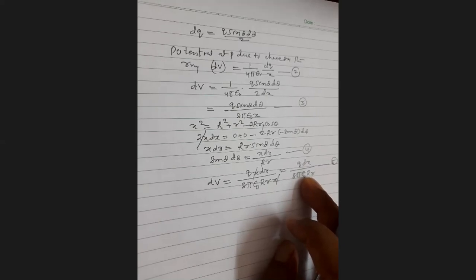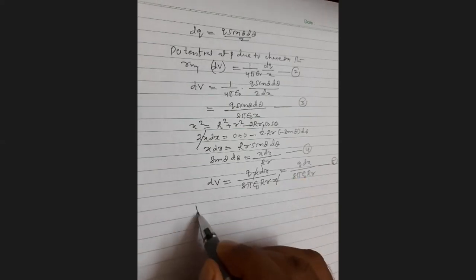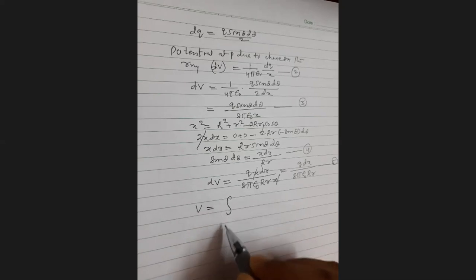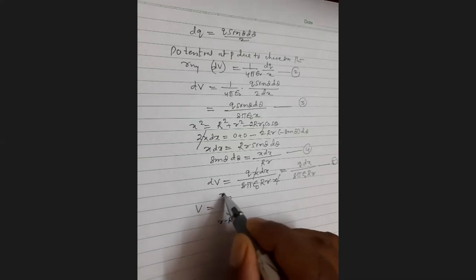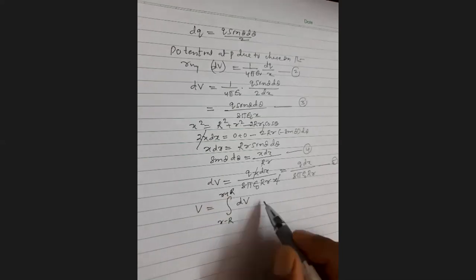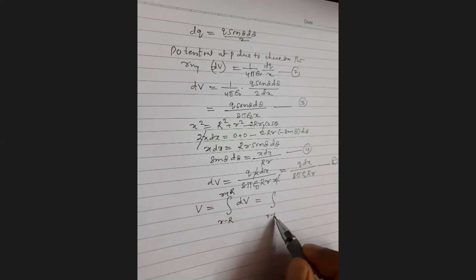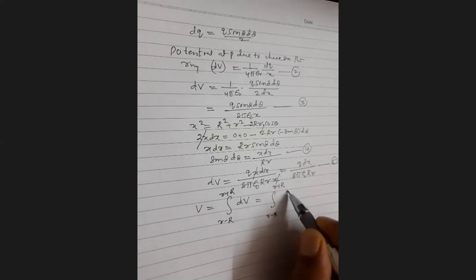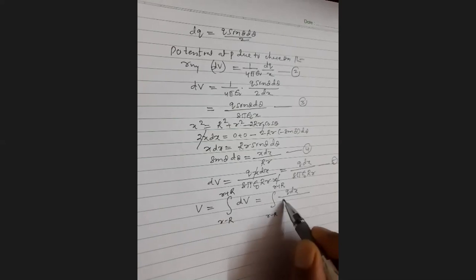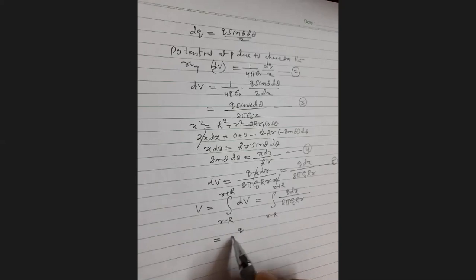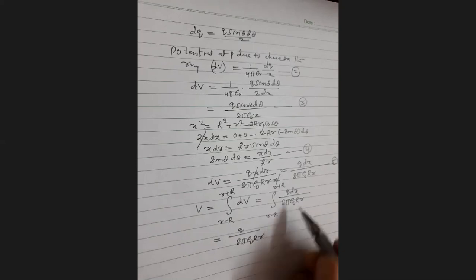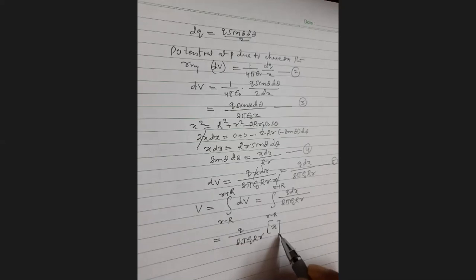But we have to calculate the potential due to the total sphere. For that, the total potential V is obtained by integrating this expression between the limits R minus r to R plus r. That equals the integral from R minus r to R plus r of q dx by 8 pi epsilon naught capital R small r. Write the constant outside of the integral. The integral of dx is x, applying the limits R minus r to R plus r.